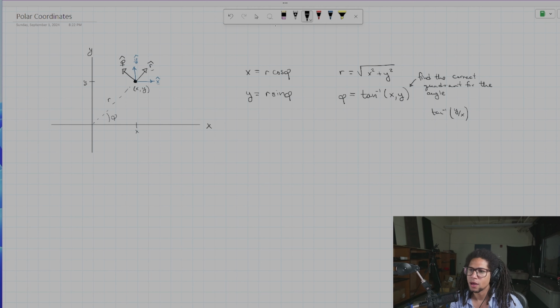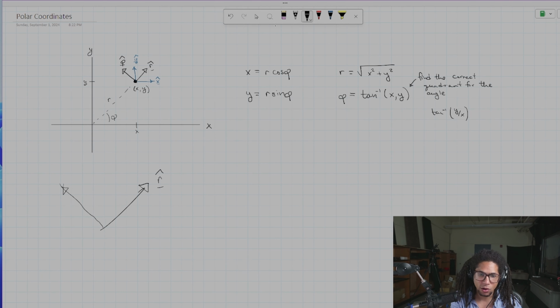All right. So with those out of the way, these transform us from one coordinate system to the other, but they don't tell us about how to change the basis vectors. Let's go ahead and blow those basis vectors up so that we can actually do that. So again, here's my r hat vector. Here's my phi hat vector.